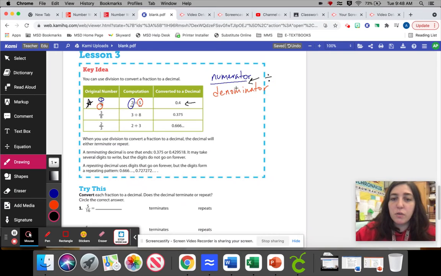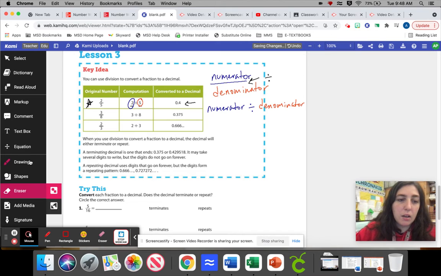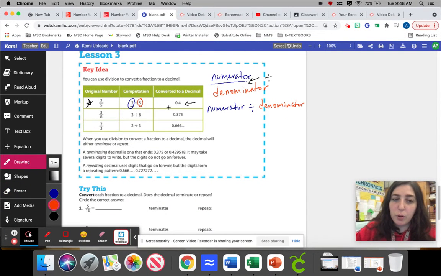So this is in fraction form, but this bar means division. That's why I can say that I'm going to divide my numerator divided by my denominator. Okay, so that's why they took 2/5 and in their calculator put 2 divided by 5 and got 0.4 as a decimal.